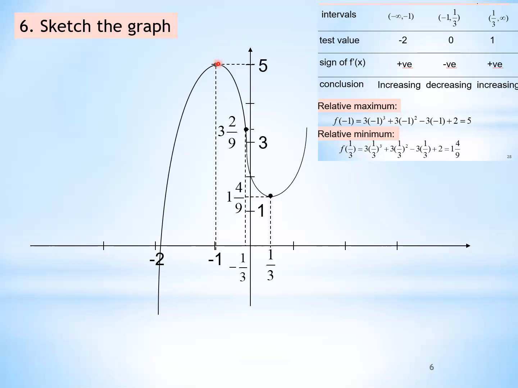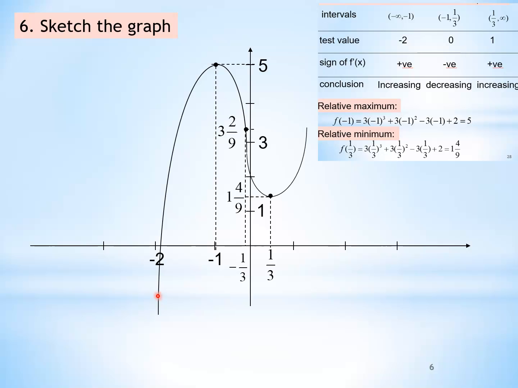This is increasing, and then you can see that from negative 1 until 1 over 3, the curve is decreasing here, decreasing. And then again from 1 over 3 until infinity, it's increasing. Again, it increases here. Okay, so that's how your graph looks like.